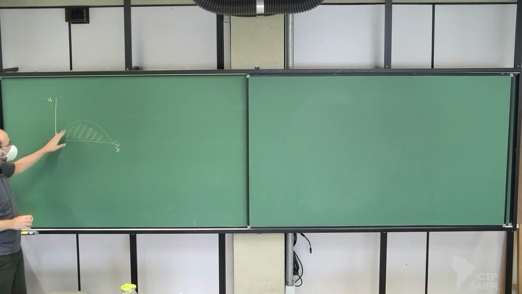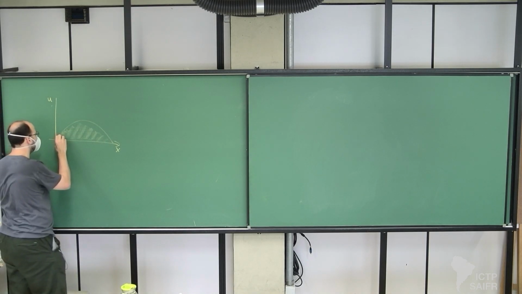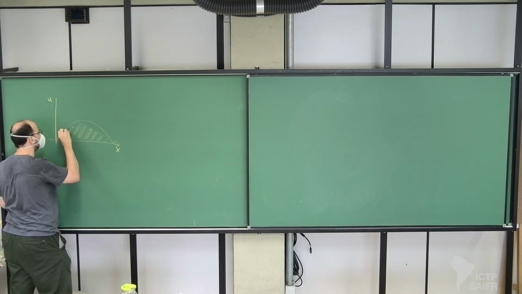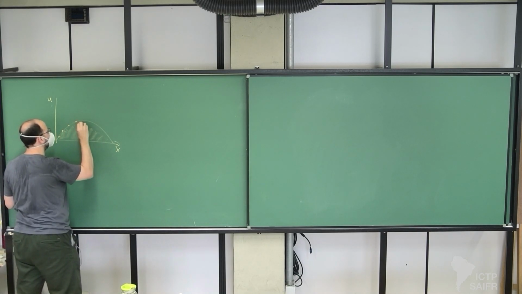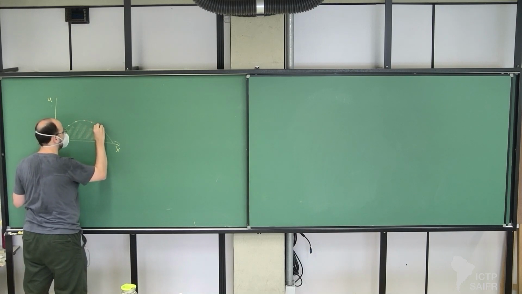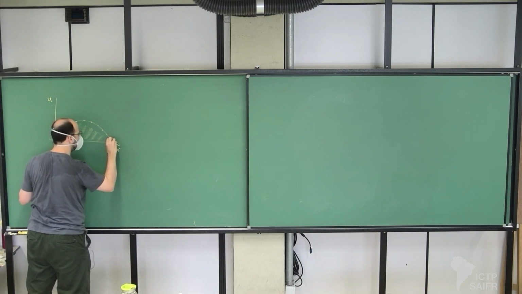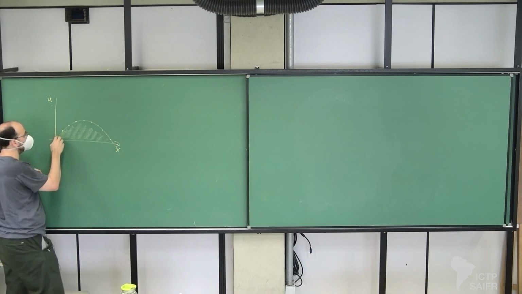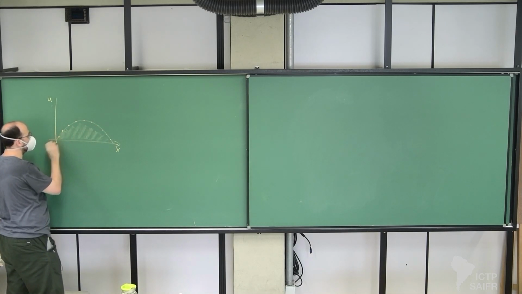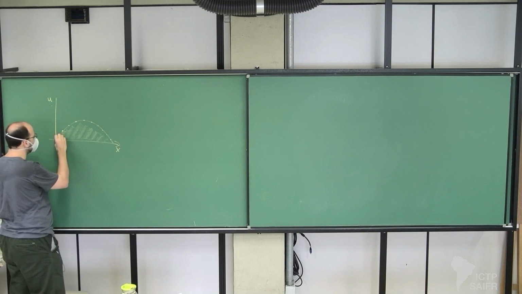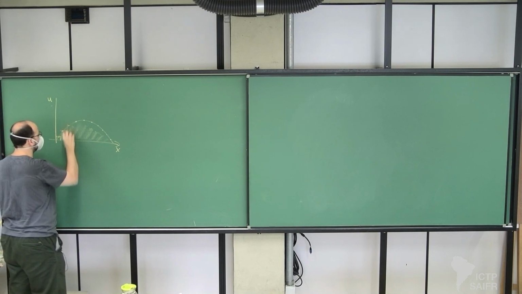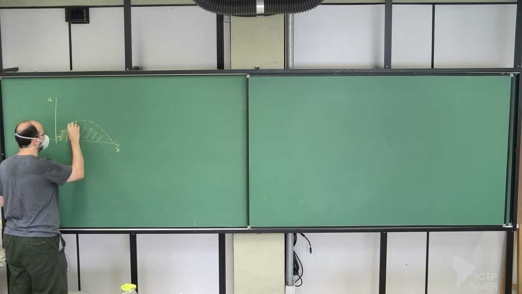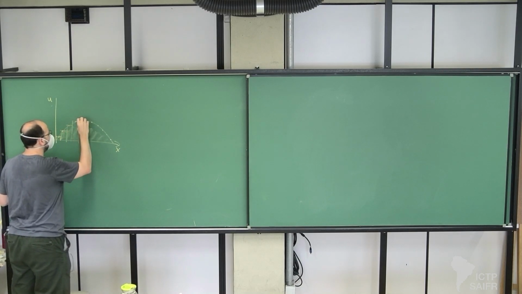But we don't have the function itself. We have some points, okay? We have this point, this point, this point, and so on. Then what can we say? If I just sum them, I have to be careful that we can approximate this by some rectangles over here, okay?